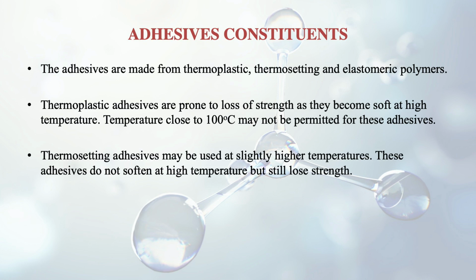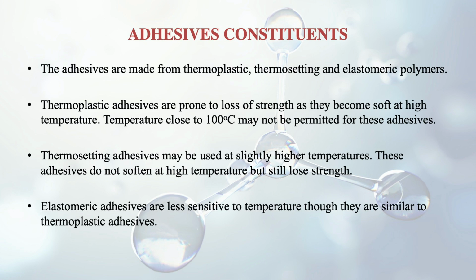Thermosetting type of adhesives may be used at slightly higher temperatures, and these adhesives do not soften at high temperature, but still they also lose their strength. So thermosetting can go up to a certain higher temperature as compared to thermoplastic, but still it has also got limitations. Elastomeric adhesives are less sensitive to temperature, though they are similar to thermoplastic adhesives.